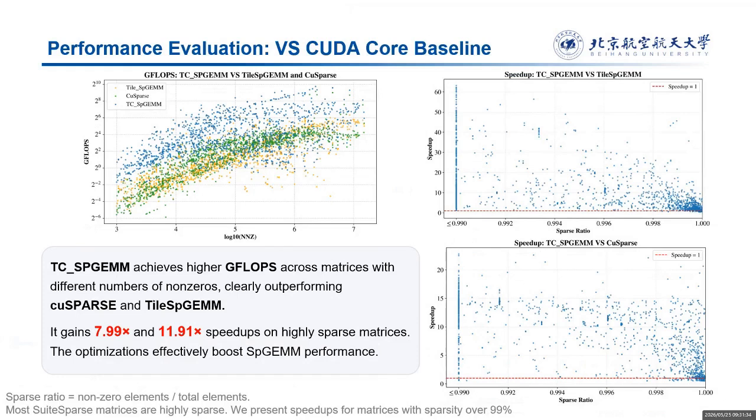Because most sparse matrices are highly sparse, the speedup plot on the right further shows the distribution for matrices with sparsity higher than 99%. That shows TC-SpGEMM can better handle irregular memory access and load imbalance by matching the data layout with tensor core computation.